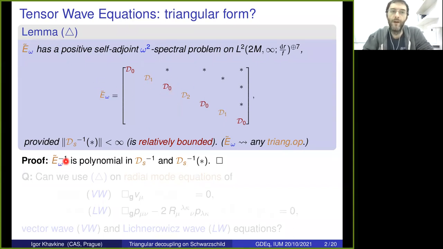So the spectral properties of such an upper triangular operator are determined fully by the diagonal ones and have the same nice properties that we already saw on the previous slide.